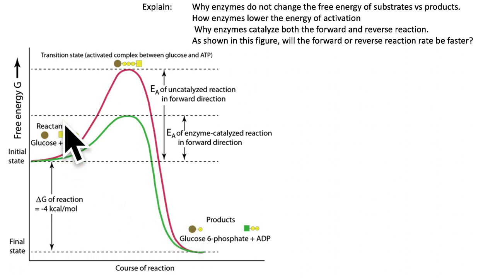The ratio of substrates versus products is completely based upon the energy wells that they're in, their relative energies, the free energy. The rate at which you interconvert between them is dependent upon the enzyme, upon the energy of activation. So at equilibrium, there's no change in the final ratio.